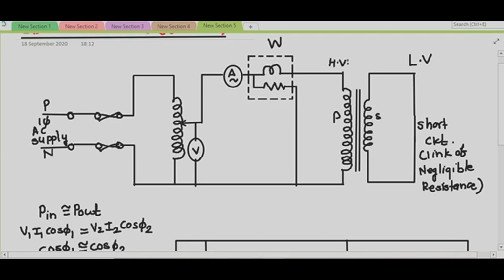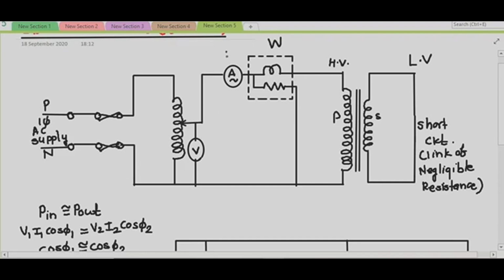Then the voltage applied across the primary winding we have to adjust such that it will circulate the full load current in the primary and secondary circuit.